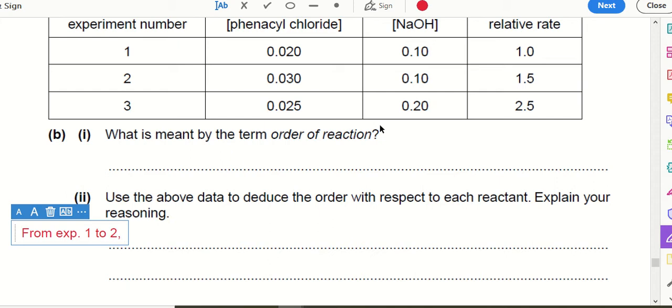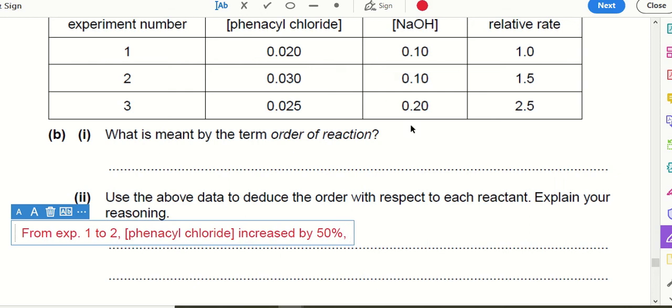From experiment 1 to 2, what happened to the concentration of phenyl chloride? The concentration of phenyl chloride increased by 50%, or you can say increased by 1.5 times.